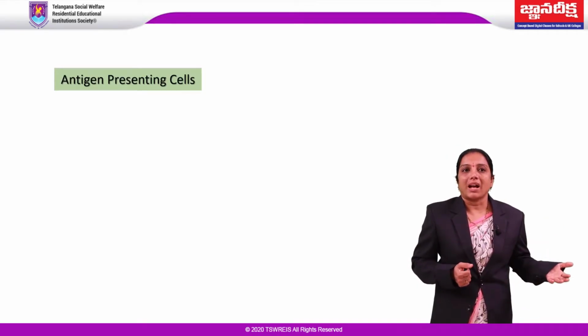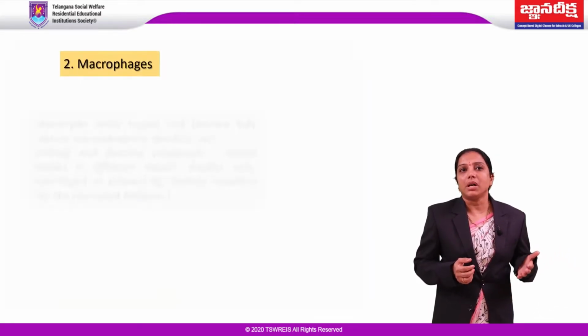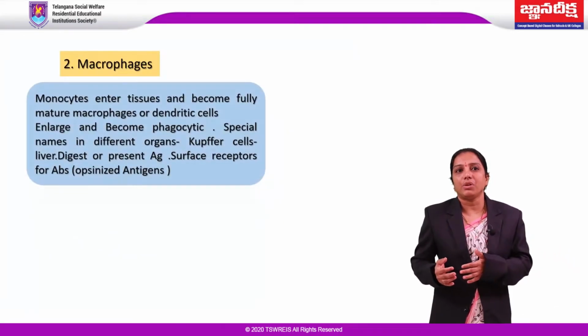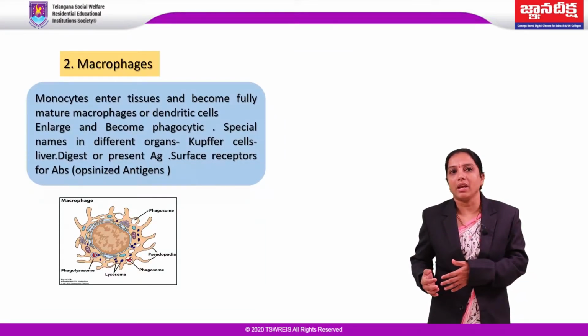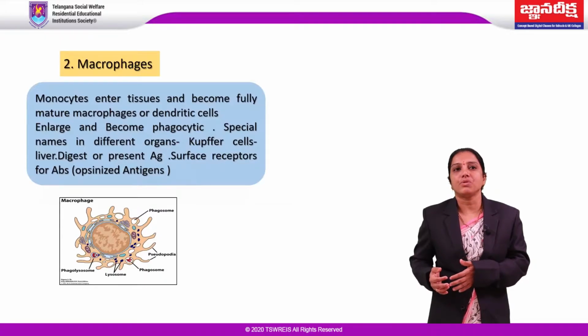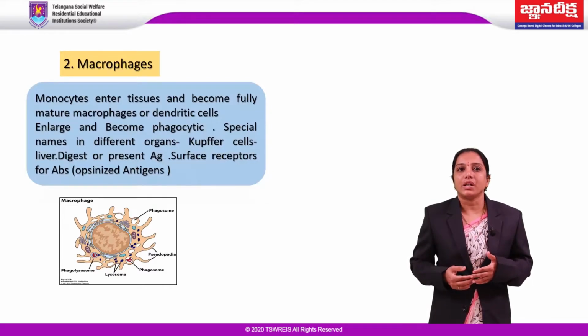And next is about macrophages. Macrophages are nothing but monocytes, but when they enter into tissues, they become matured, called macrophages there, and they enlarge in tissues and become phagocytic, that is engulfing the bacteria. They are involved in detection, phagocytosis and destruction of the bacteria and other harmful microorganisms.